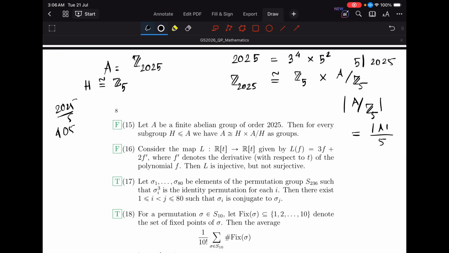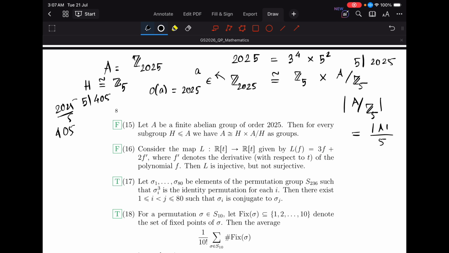So now, if this will happen, then yeah, this is our conclusion. So the point here is that this 405 is again divisible by 5. Okay, so now Z2025 has an element inside that which has order 2025.